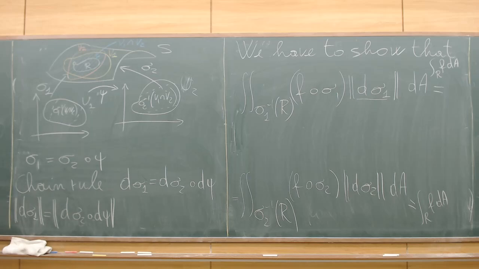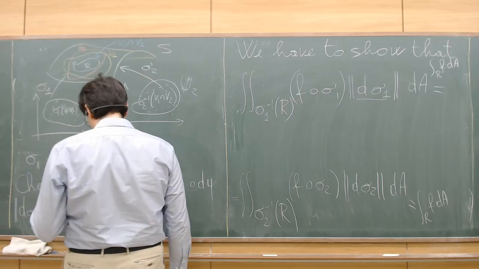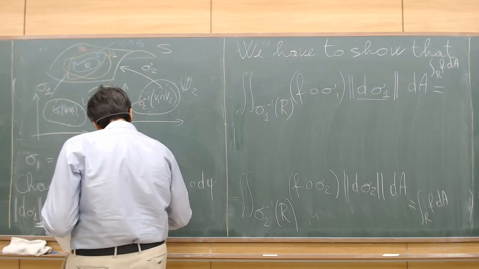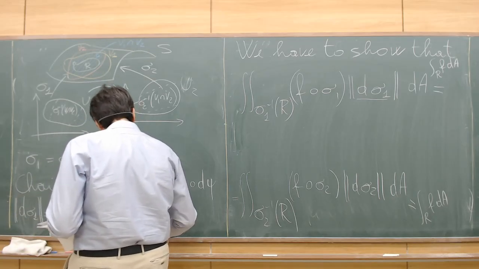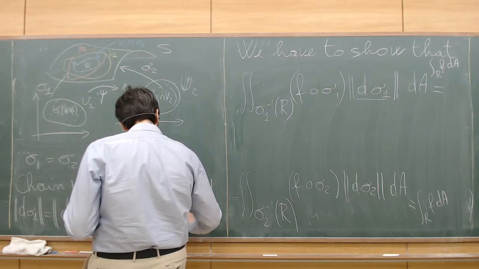But it's possible to prove, this is actually an exercise which will be proved by the teaching assistants, that it equals the product of the area distortion of d sigma 2 multiplied by the area distortion of d psi.